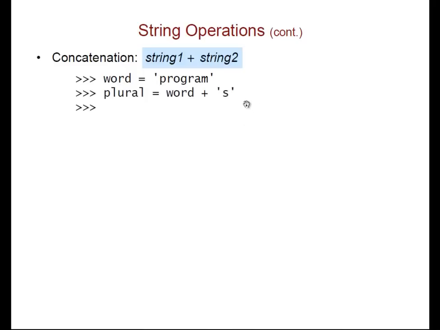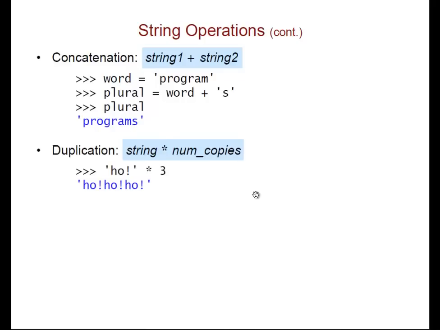I could then use this expression here, using the plus operator, to concatenate the value of the variable word with the string s. And so what I'm going to end up with is programs, right? Because I took the value of word, it got replaced by its value, then I concatenated the string s, and that gave me programs.